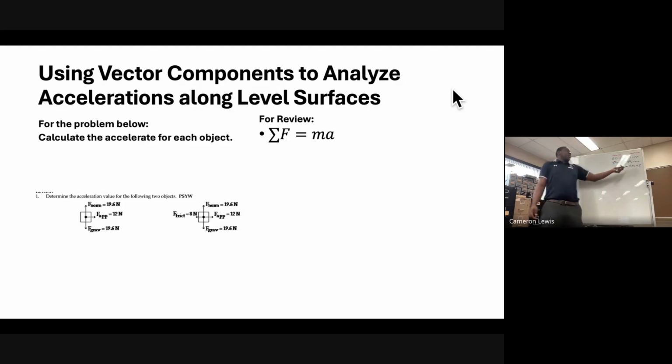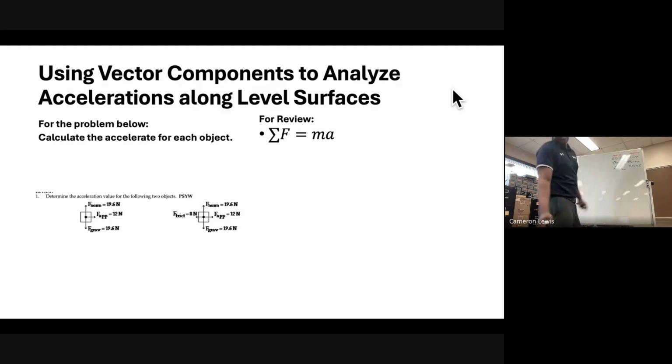Before I do it, does anyone know a way that we can find the mass? You can use the F gravity. There we go. Because we know that the sum of our forces in the vertical is zero, so the normal force on top is equal to F gravity.